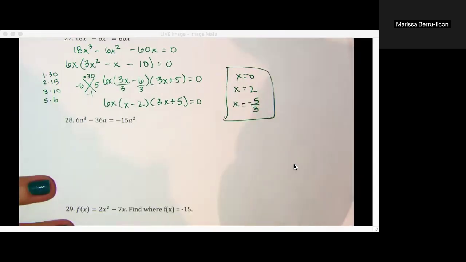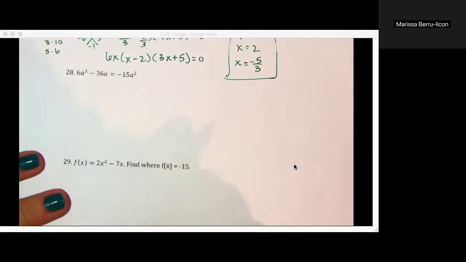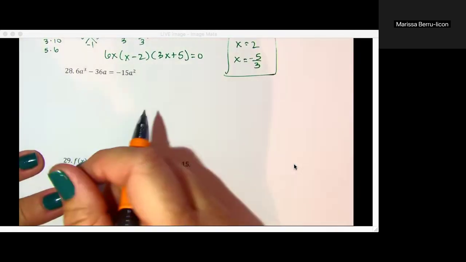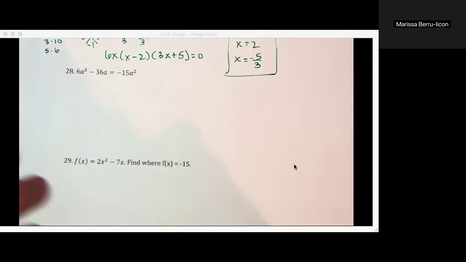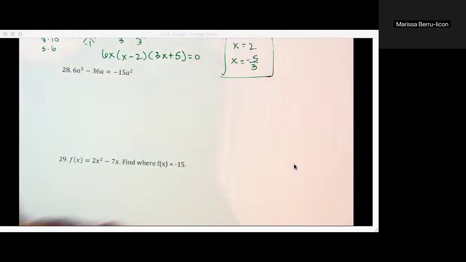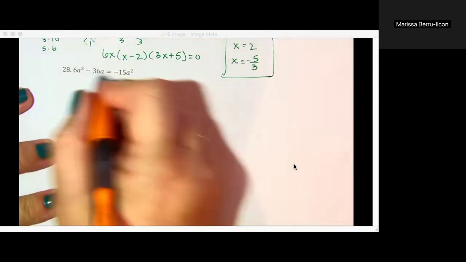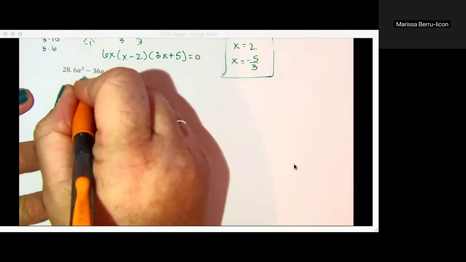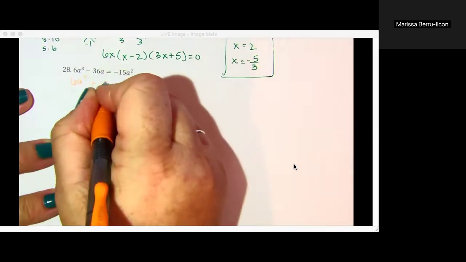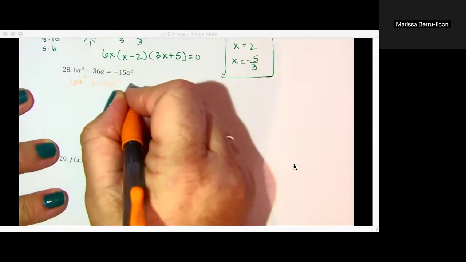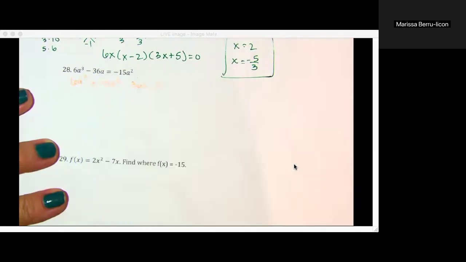The next one's setup is very similar. We need to get it set equal to 0 first. And so we're going to go ahead and set this equal to 0 by adding 15a squared to both sides. So adding that over, I end up with 6a cubed plus 15a squared minus 36a equals 0.